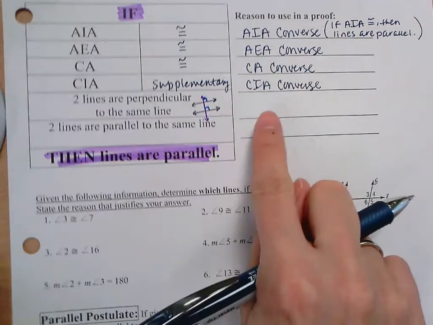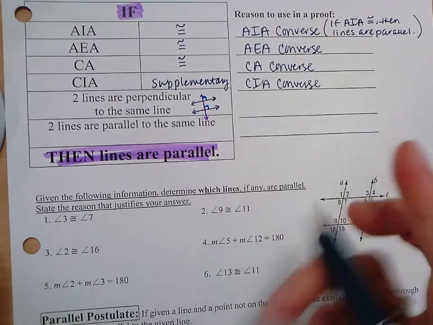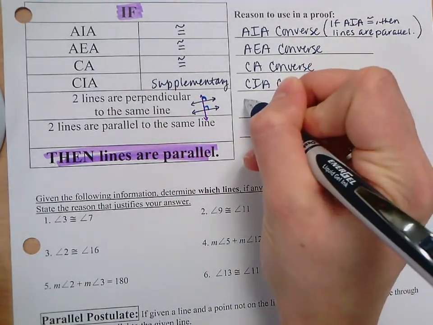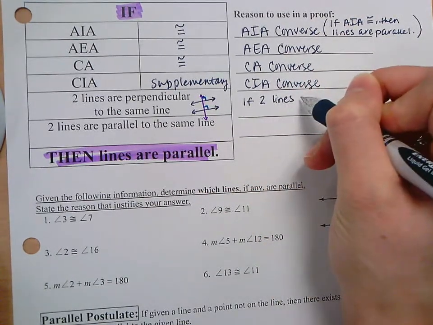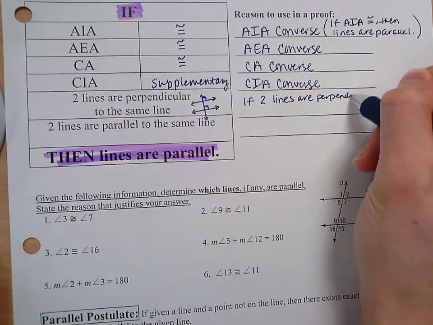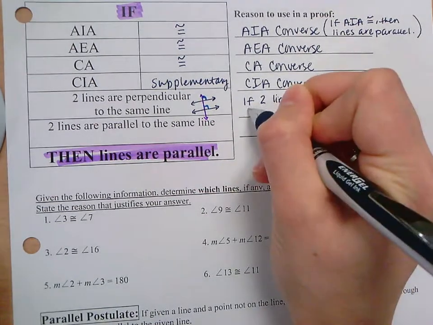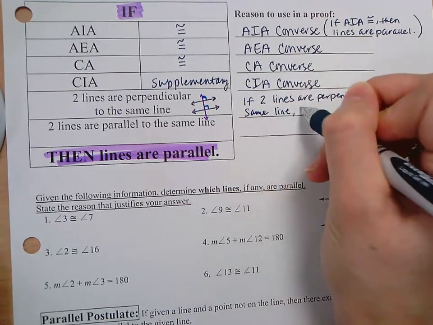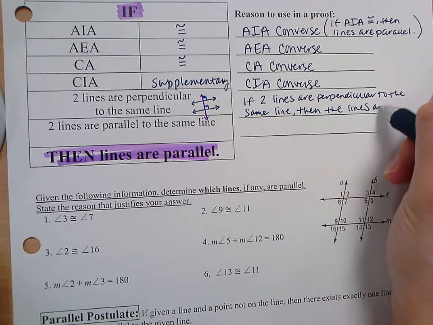And then as the reason you would use in a proof, it would basically just be that statement. There's not a ton of room on that line here. So it'd be if two lines are perpendicular to the same line, then the lines are parallel.